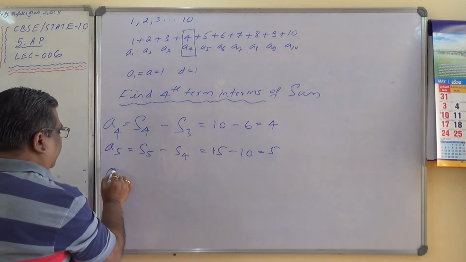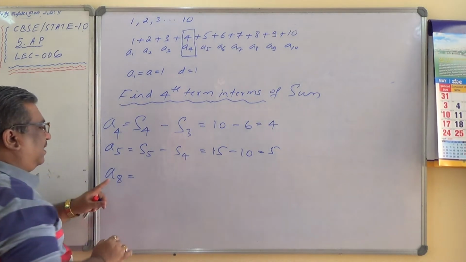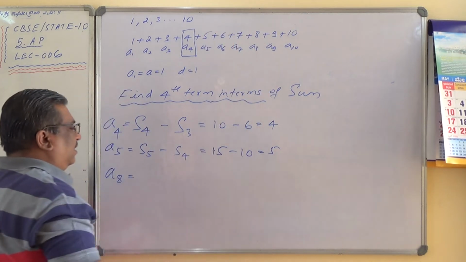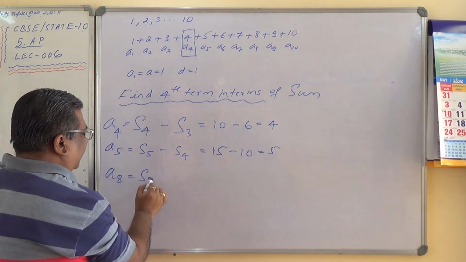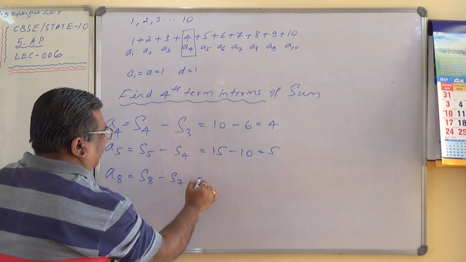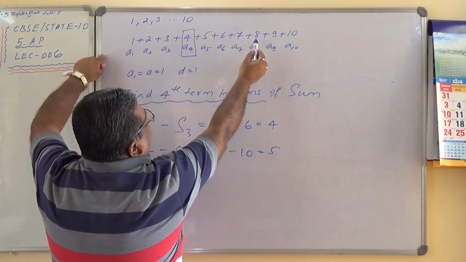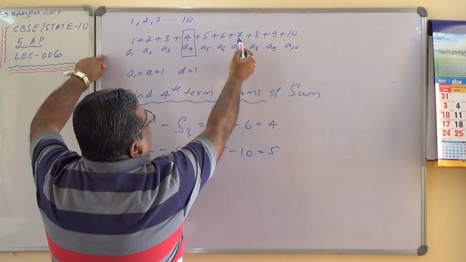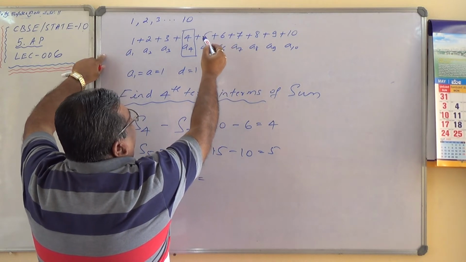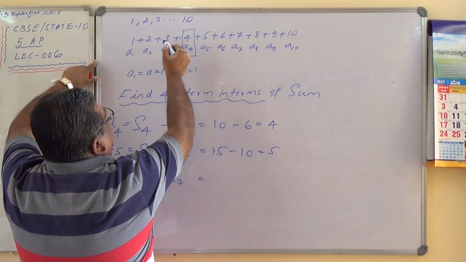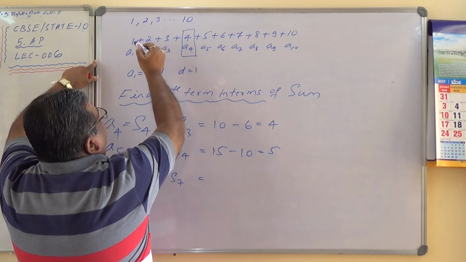Let me find out A8. A8 here is the 8th term. What is the 8th term here? 8 I should get. So can I do like this? S8 minus S7. Let me check sum up to 8 terms. 8 plus 15, 21, 26, 30, 33, 35, 36.